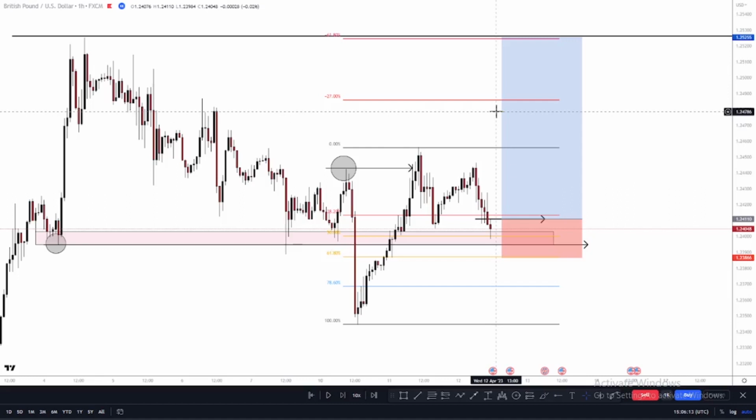You get me? So now we have 3 confluences. Confluence number 4, when price tapped into that zone, it rejected the zone. We saw a candlestick rejection. Confluence number 5, the retracement tapped into our 50% Fibonacci level.